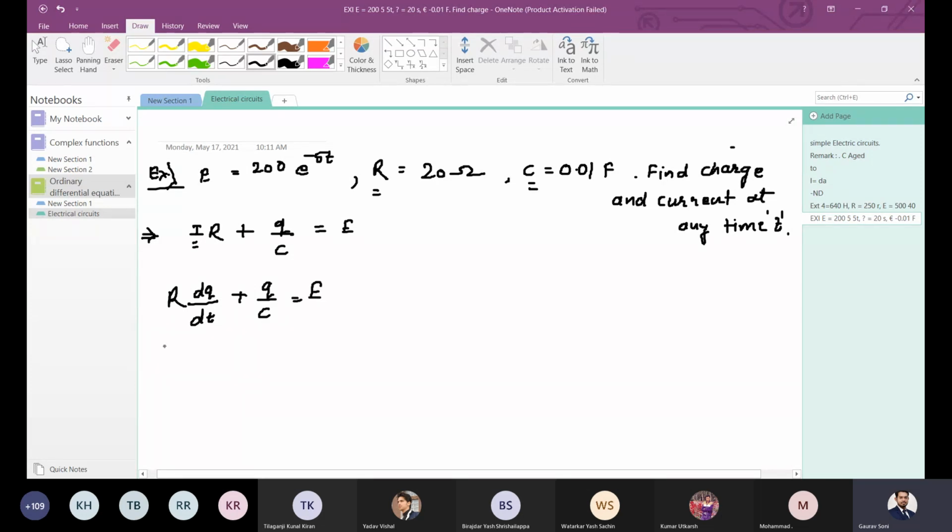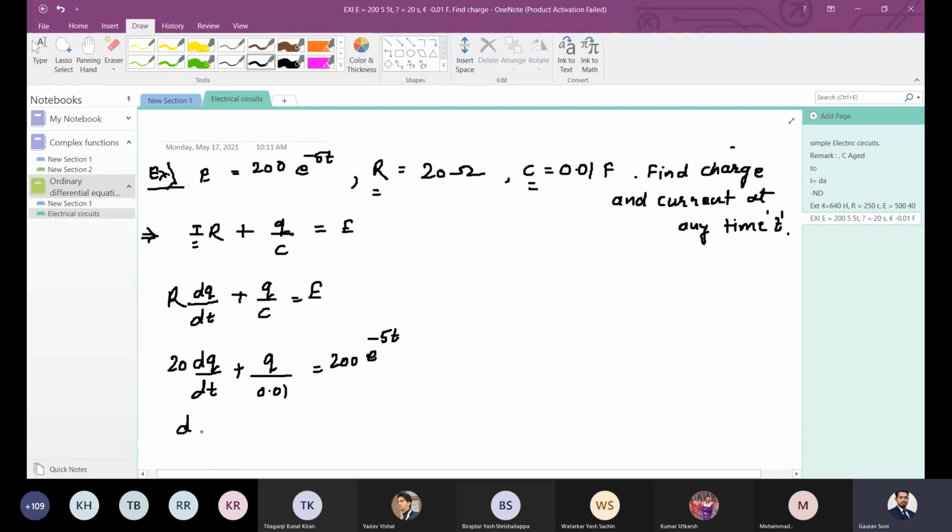Let's put the values. R is nothing but 20 dq by dt plus Q upon 0.01, which is equal to 200 e to the power minus 5t.